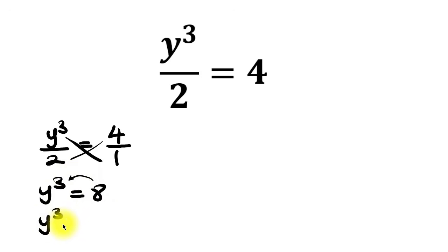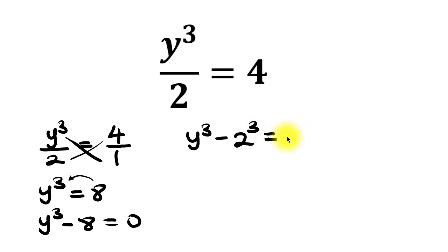Now I'm going to be moving this 8 to the left-hand side so that I have y cubed. As 8 crosses, it becomes negative 8. And this is equal to 0. We can continue further. This is y cubed minus 8, which is the same as y cubed minus 2 cubed, right? Good. And this is equal to 0. Now notice what we have here. We have an expression in difference of 2 cubes.